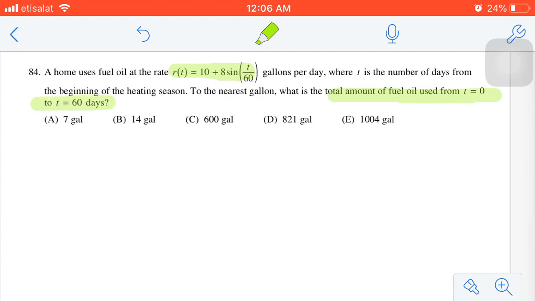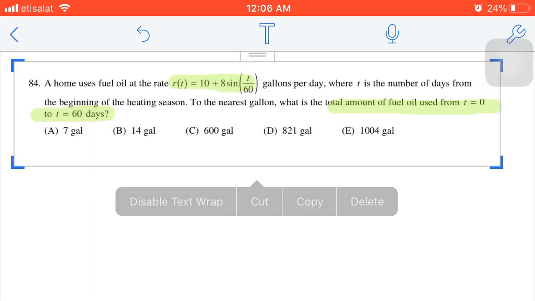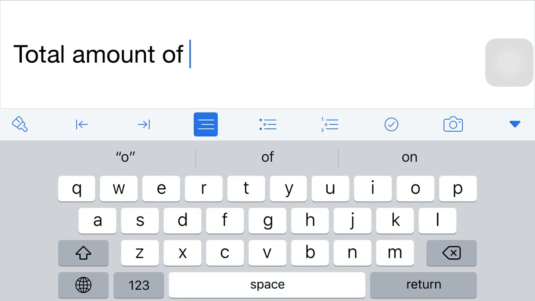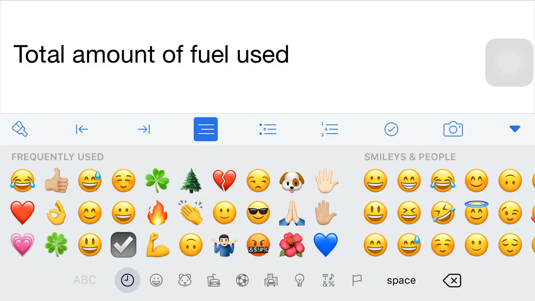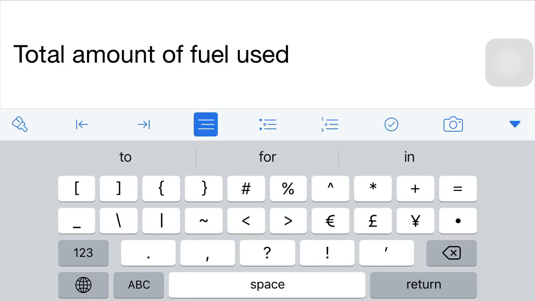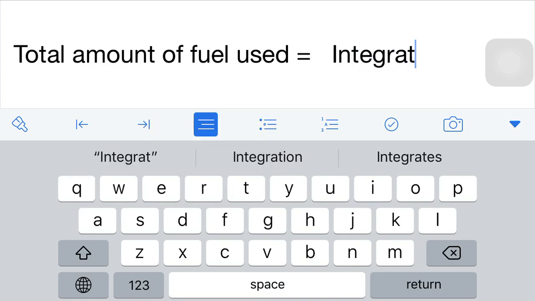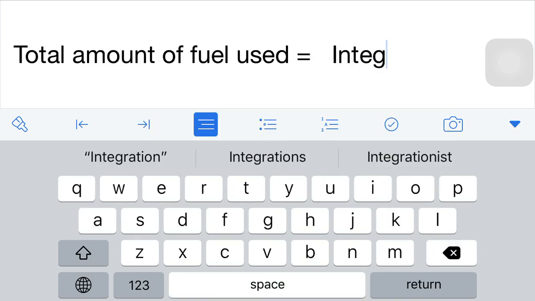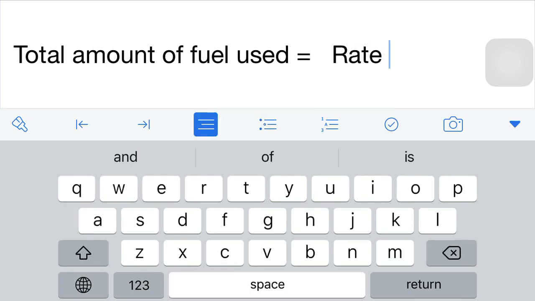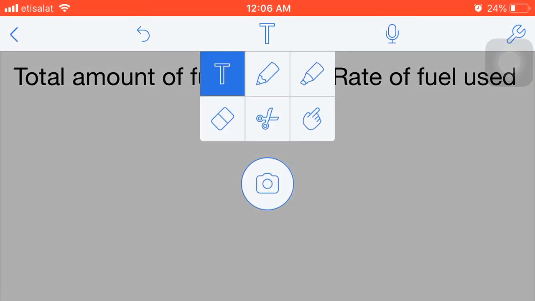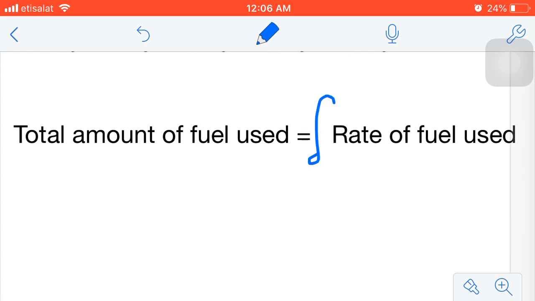Okay, for this question, the total amount of fuel used equals the integration of the rate of fuel used, and then we just add it up.